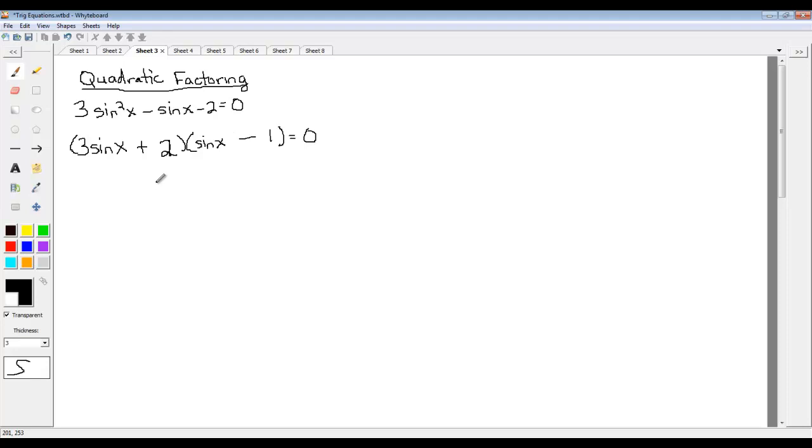These two factors equal 0, so you got 3 sine x plus 2 equals 0, which means sine x is going to equal negative 2/3. Then you got sine x minus 1 equals 0, so sine x equals 1.